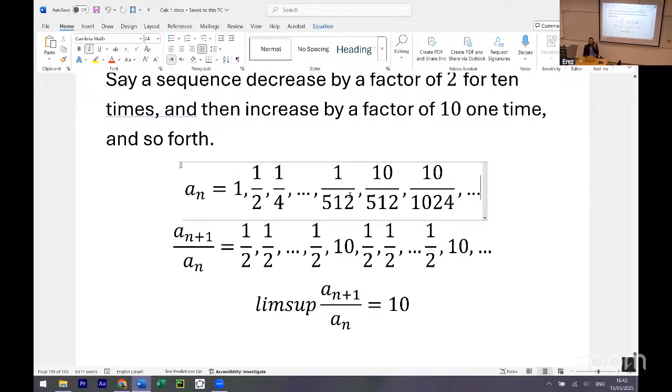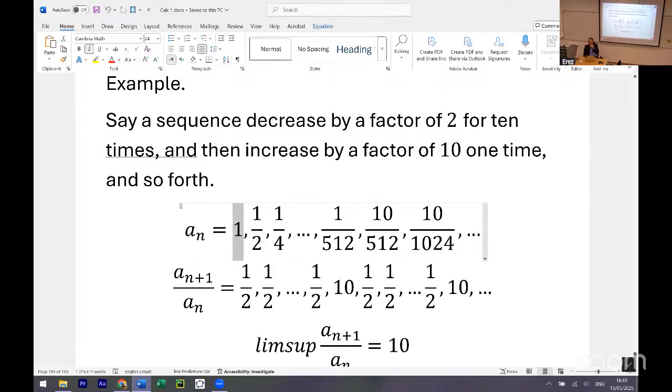11 steps: 10 times dividing by 2, 1 time multiplying by 10. So altogether, in the next time, and I'm having a problem with the 0 count myself, because the first time we did nothing, right? If it's 10 times after 1, you know what?